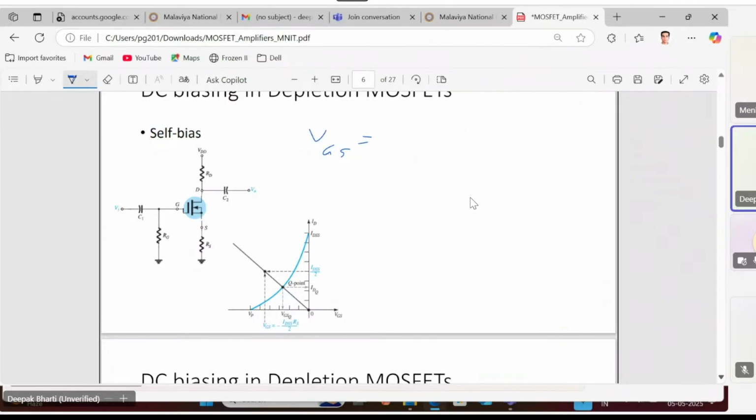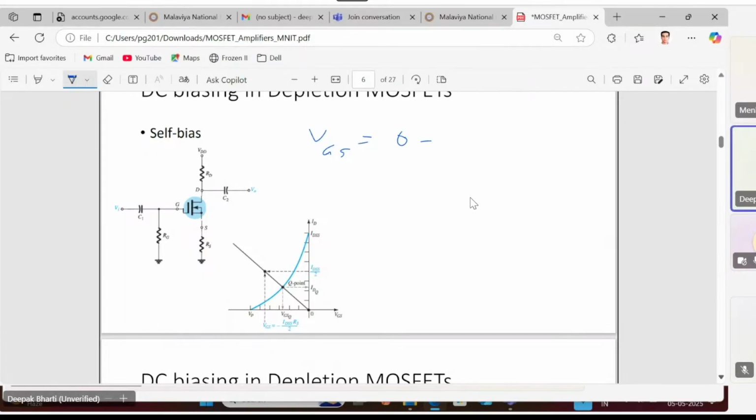So VG here is 0. Why 0? Because we know that no gate current passes through the gate terminal, so the IGRG drop will be 0. So 0 minus VS. What is VS? VS will be IDRS.